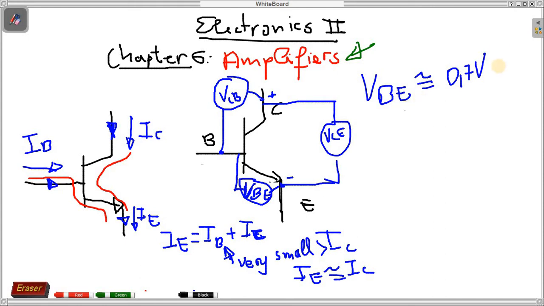That is for the NPN, and for the PNP, VBE is also approximately 0.7 volt.